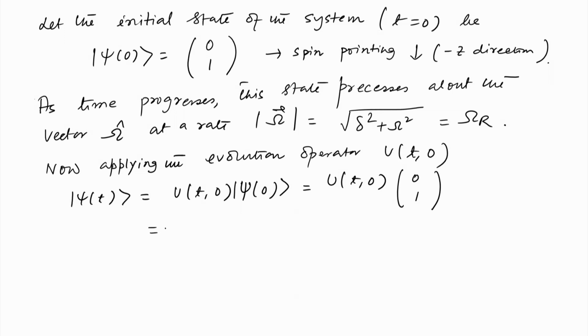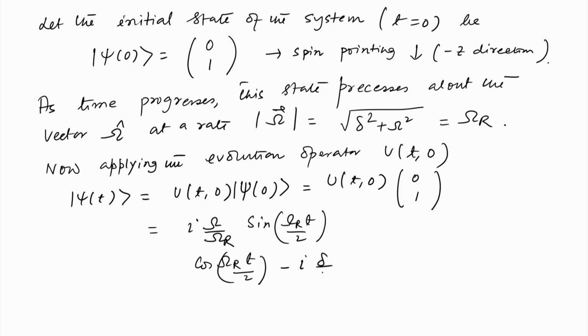If you do this simplification, it becomes equal to i omega by omega r sine of omega r t by 2, and cosine of omega r t by 2 minus i delta by omega r sine omega r t by 2, and so on.